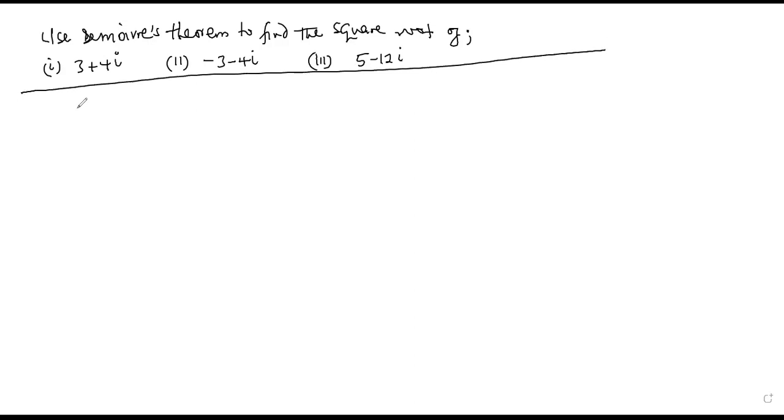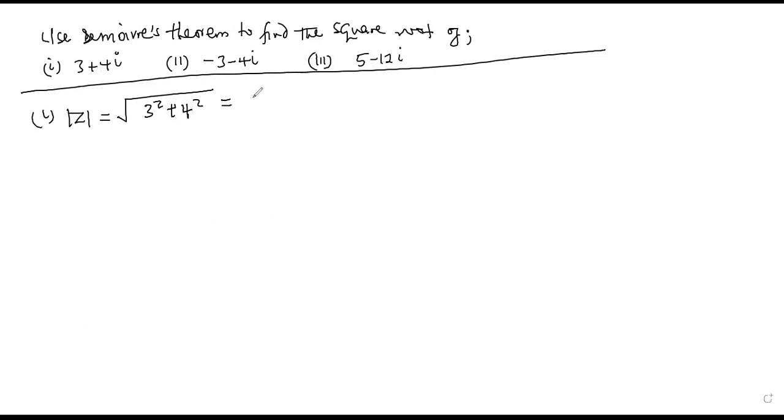For this part, from our formula, we really need to get the magnitude of z, which will be the square root of 3 squared plus 4 squared.